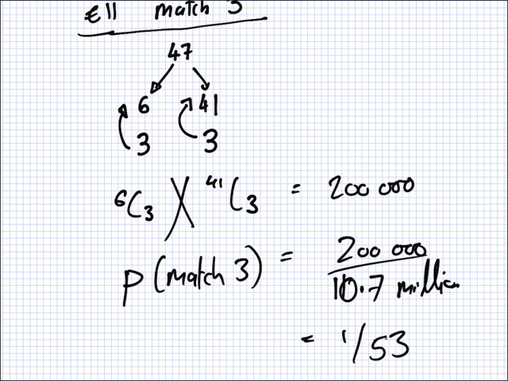About 2%? Yeah, 0.0199. So we'll say roughly 2% then. That doesn't seem as bad compared to 10.7 million. You have a 2% chance of winning 11 euros.